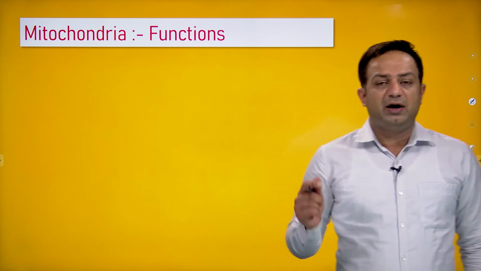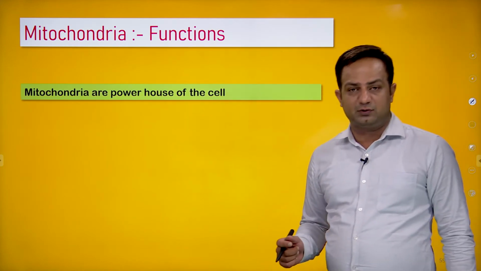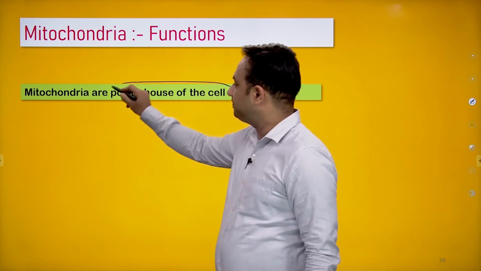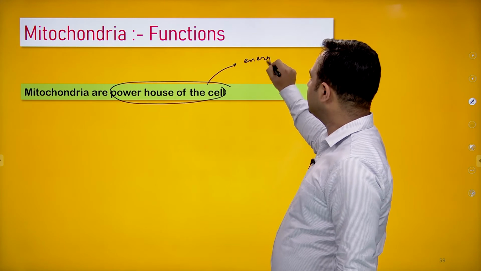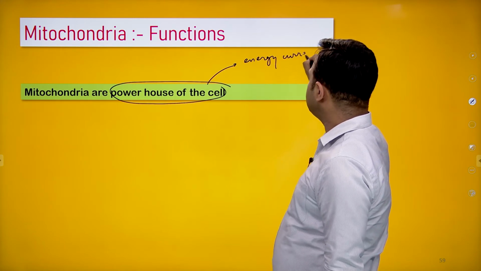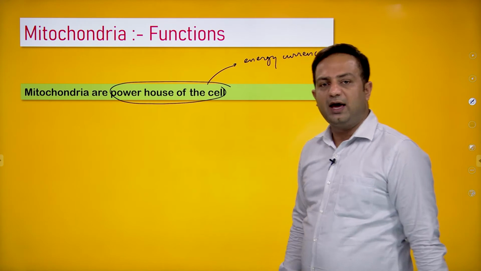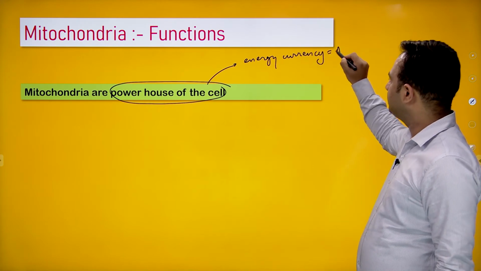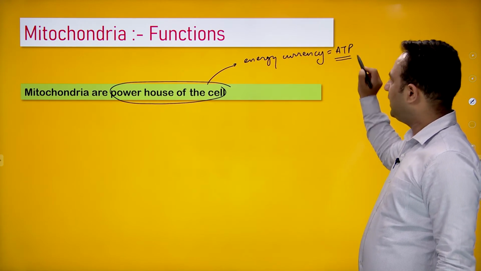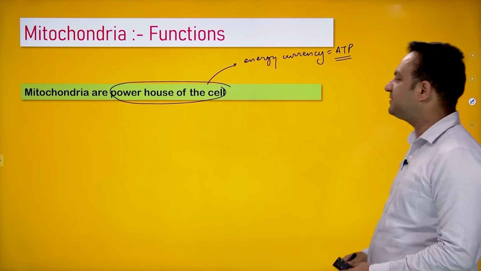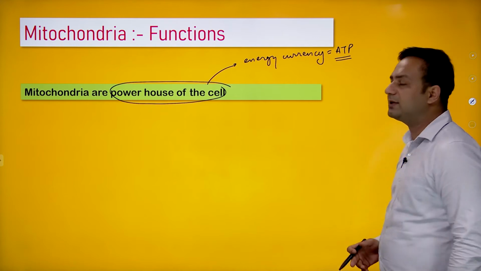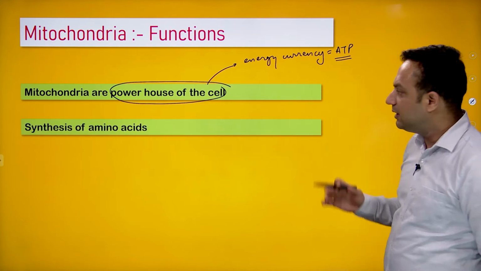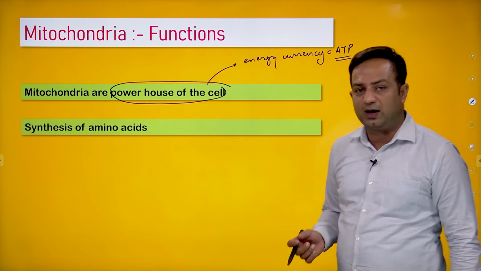Functions. Mitochondria is considered the powerhouse of the cell, and the reason is very simple. They form the energy currency of the cell. What is the energy currency of the cell? Energy currency is ATP. So when I say mitochondria are powerhouses of the cell, they are making the energy currency, ATP. Secondly, they synthesize amino acids.